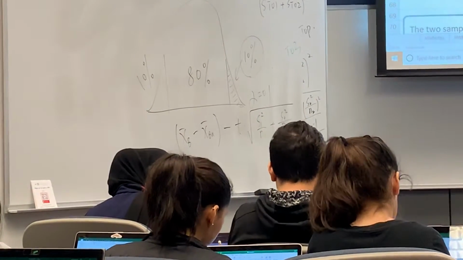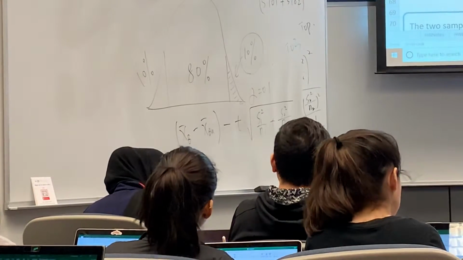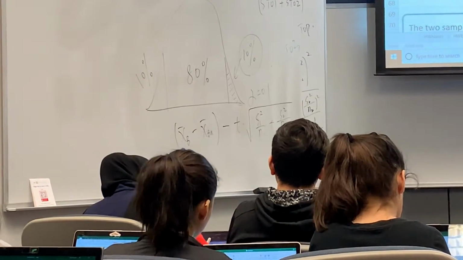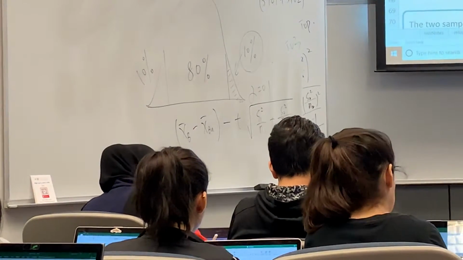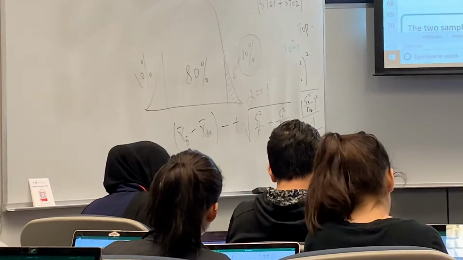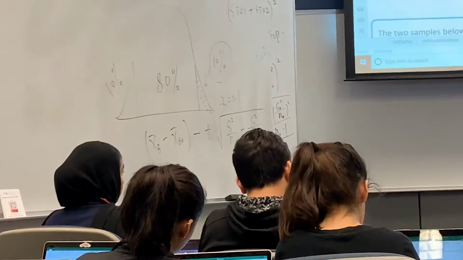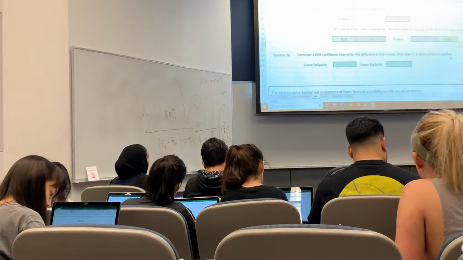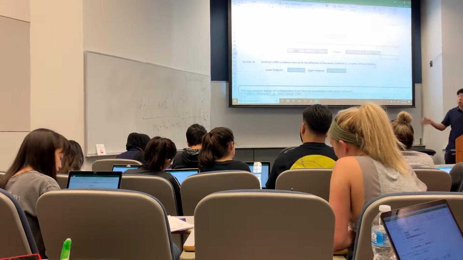My X bar for Boston is given, X bar for Buffalo is given. What is my t? My DF is 74. However, in this case, my alpha is not 0.025. My alpha is 0.1.